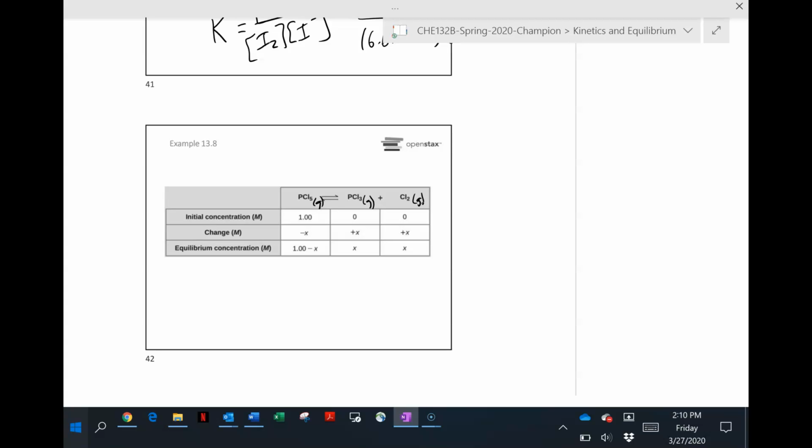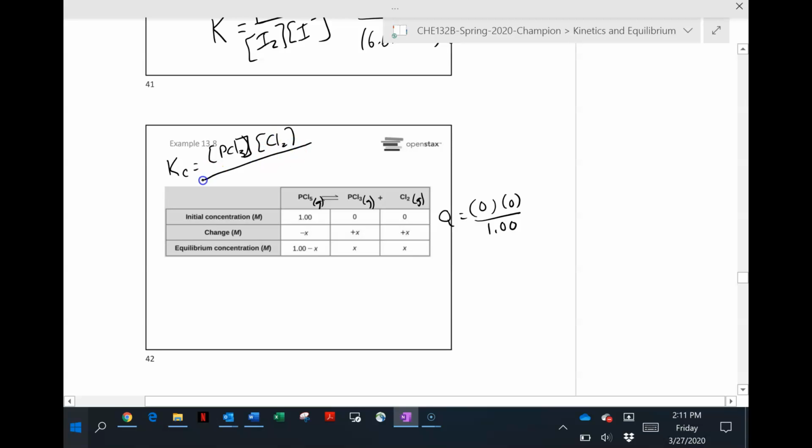And we start off with only PCl5, and Q, of course, is 0 times 0 over 1, because K here is PCl3 concentration times Cl2 concentration divided by the concentration of PCl5.